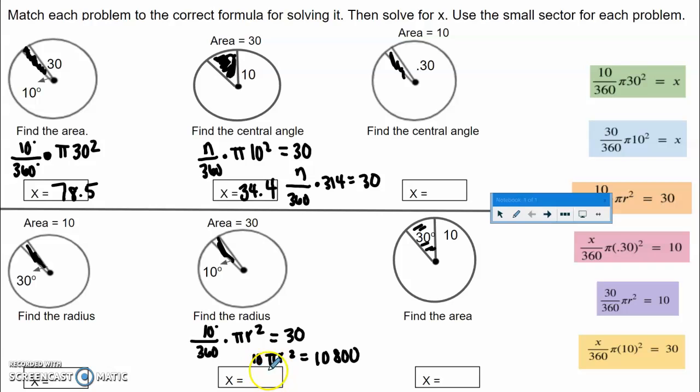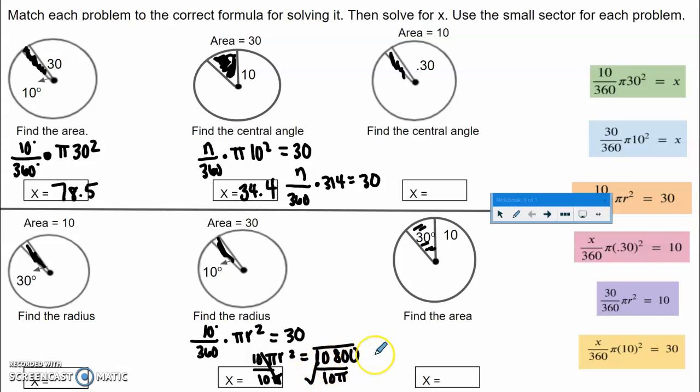And then 10 pi is just a number. It's being multiplied, so I'm going to have to divide both sides by 10 pi. And then the radius is being squared, so my last step is going to be to take the square root.